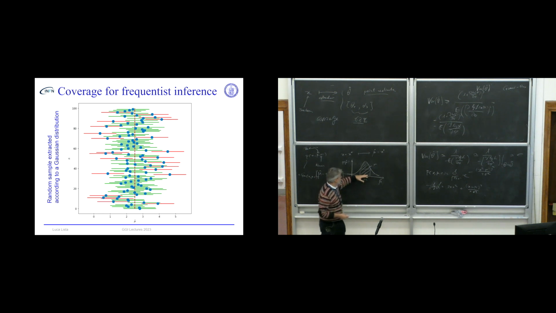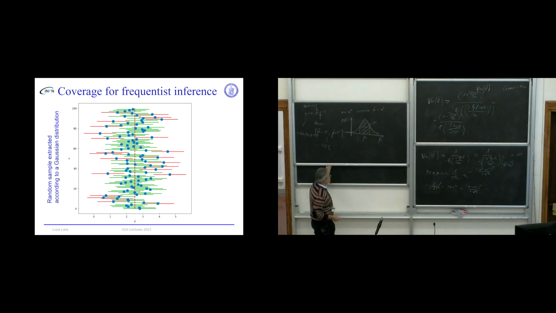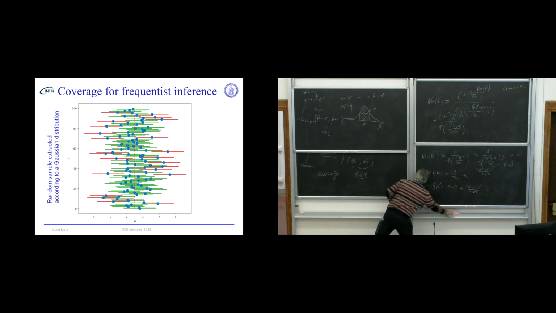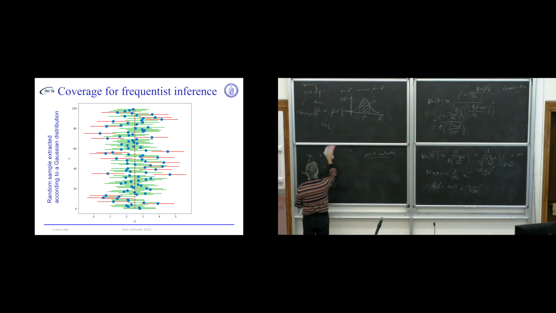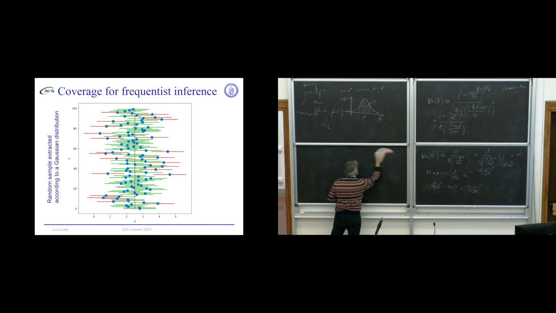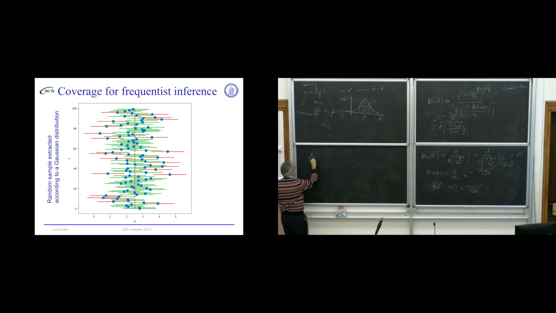You have a Gaussian distribution. If you do the logarithm of the Gaussian distribution, you get a constant and a quadratic term.